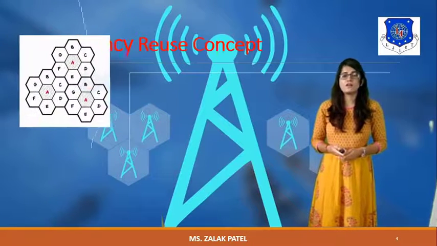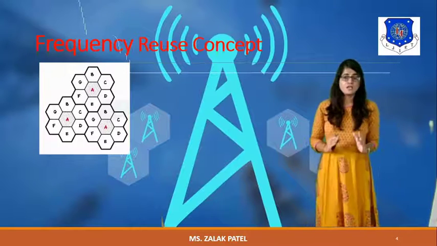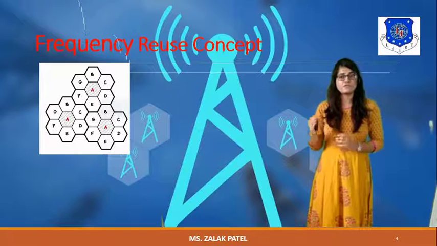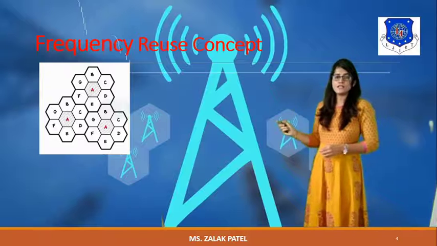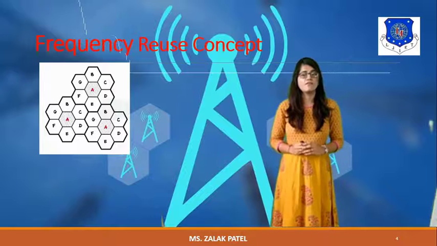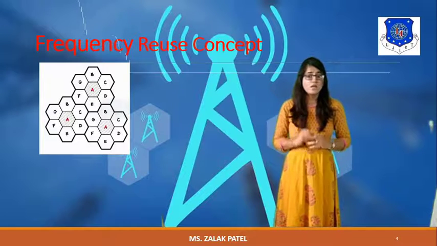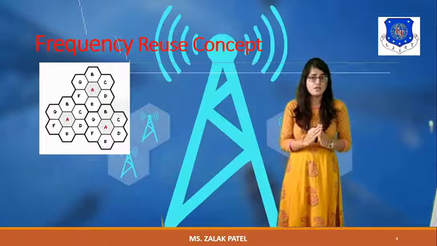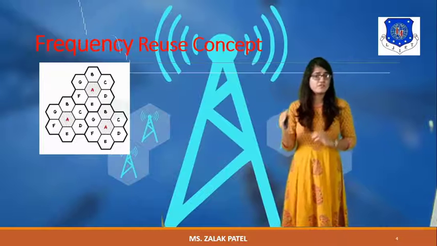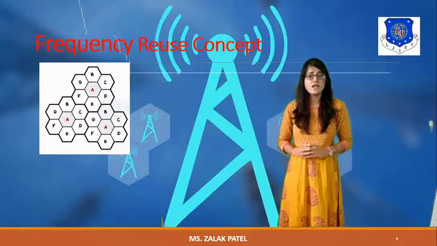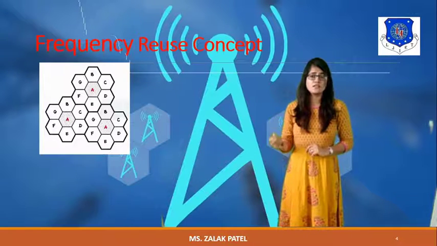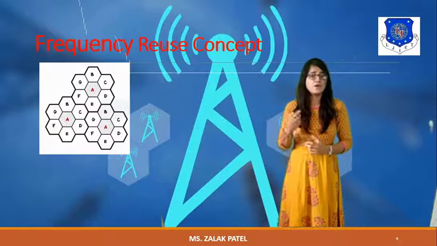Next is the frequency reuse concept. Frequency reuse is mostly the selection and allocation of frequencies under different channels. In this figure, you can see a number of cells that are divided into names A, B and C. Now if the cells named A use the same set of frequencies, then resource wastage is not possible and it is always desirable.